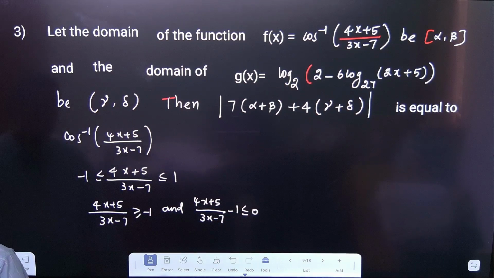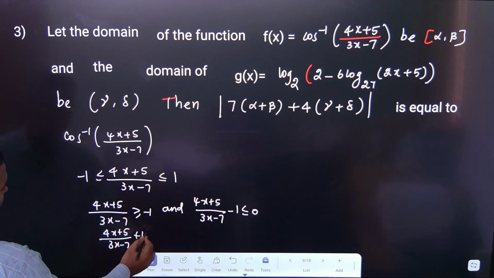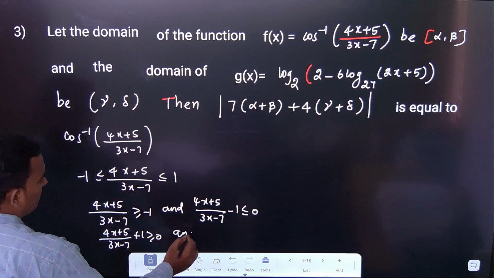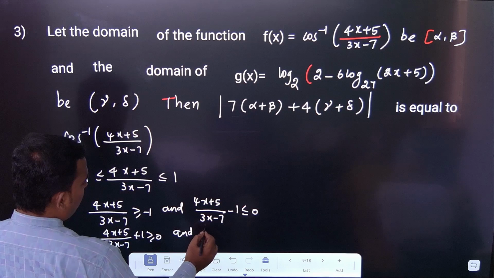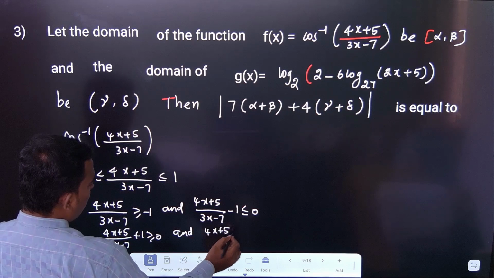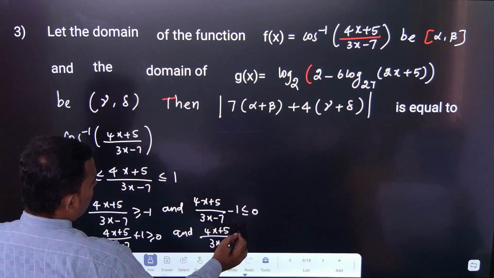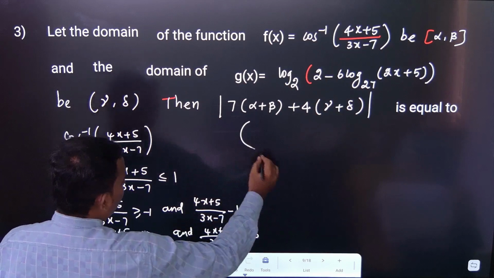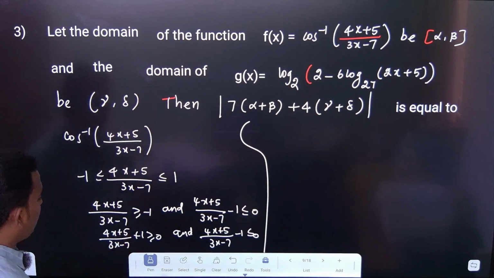So we can write it like this. Therefore, (4x plus 5) by (3x minus 7) plus 1 is greater than or equal to 0, and this one you can simplify quickly.